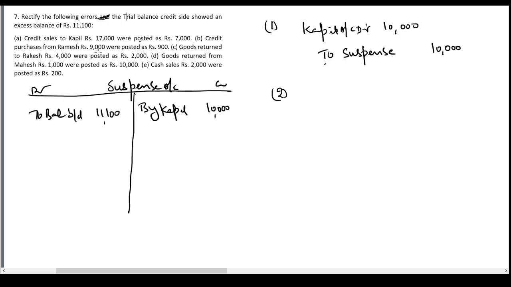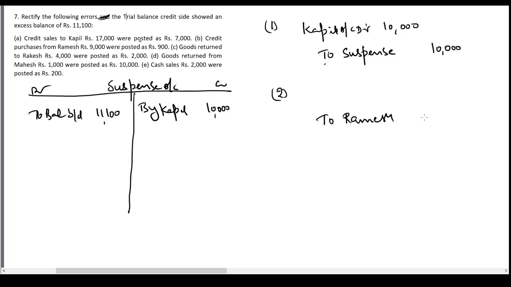But here it is said credit purchase from Ramesh 9,000 were posted as rupees 900. Where was it posted? It was posted to Ramesh's account. It was recorded properly in the purchase book as 9,000, but when it was posted to Ramesh account, it was posted as only rupees 900. So Ramesh account should have been credited with 9,000, but it has been wrongly credited with only 900. So now we have to credit Ramesh account with the balance amount.